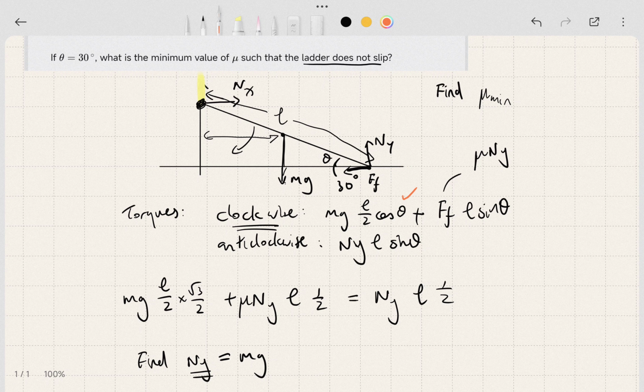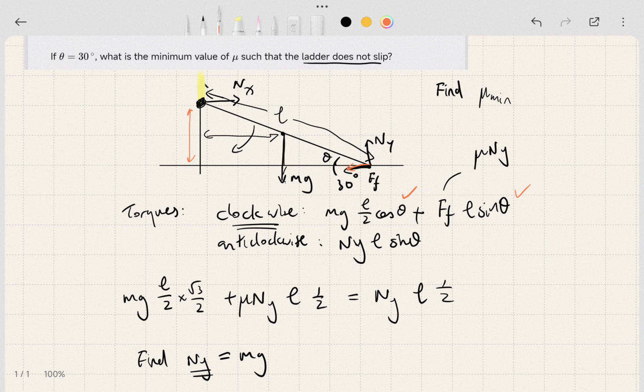And then the frictional force here, friction force times the distance here, which is L times sine of theta, which is correct.